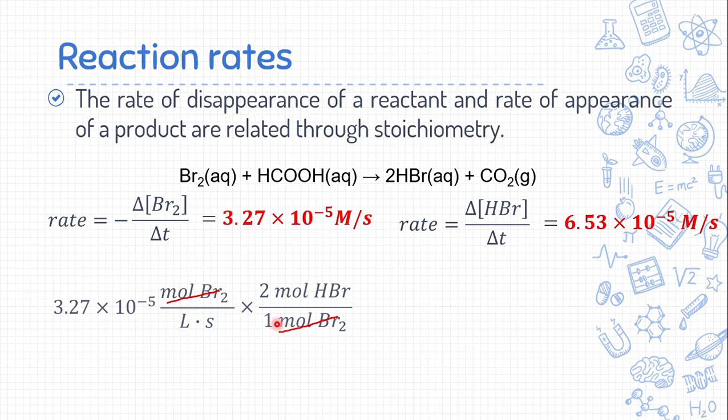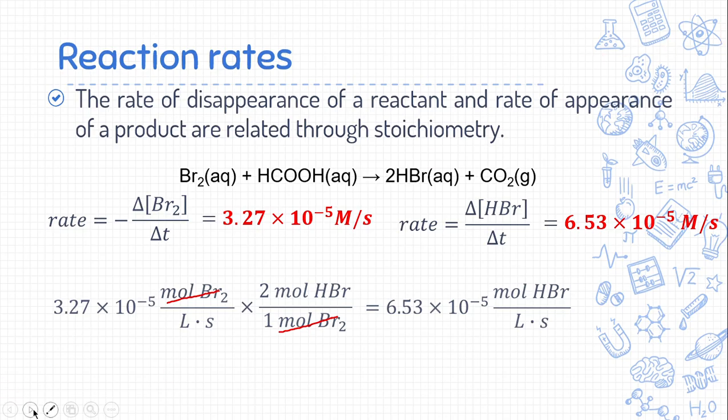And if we do the math, you can actually get 6.53 times 10 to the negative 5. And the new unit would be mole HBr per liter per second. So actually, for the previous part, we could have solved letter B using the answer that we got from letter A, using stoichiometry.